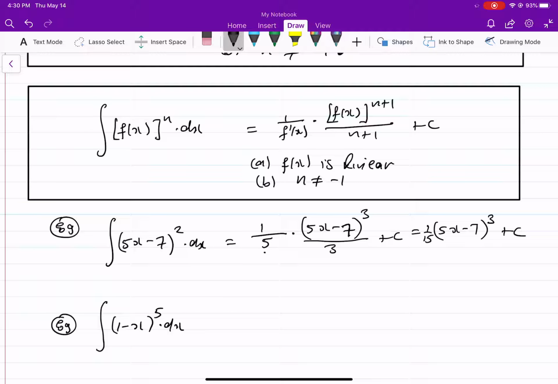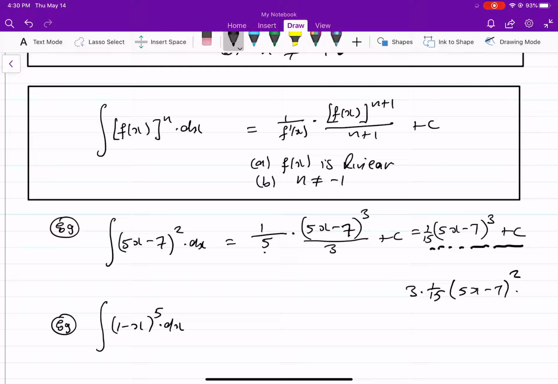By the way, let's do a quick side check. If I were to differentiate this function using, you remember, the chain rule, that would be, if I drop the power, 3 times 1/15 times 5x minus 7 to what power? I got to subtract 1 from the power to give me back 2, right?